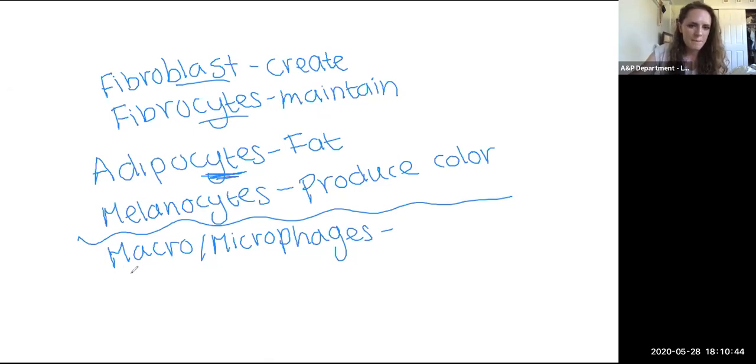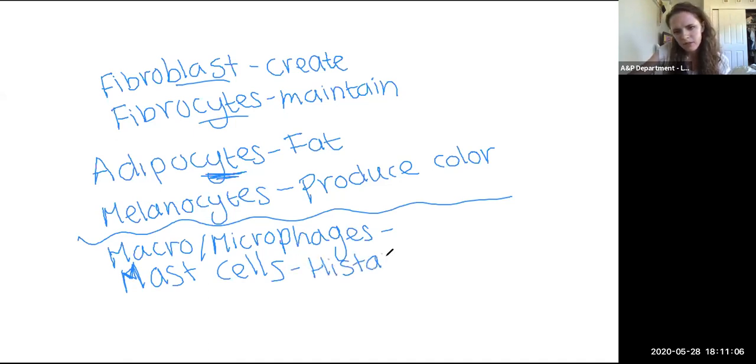Next, you have mast cells. These are our allergy cells. So if you have bad allergies, your mast cells are working overtime. They release what we call histamine. And this just causes inflammation. So you get really stuffy when your mast cells are working too well at what they do.